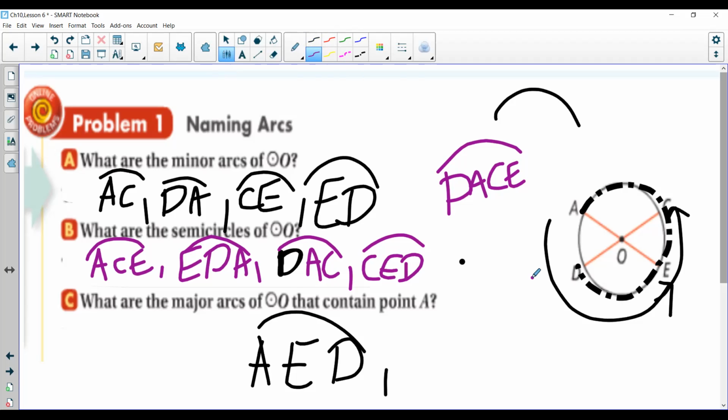So AED. Let's choose C, D, A. Is it also a major arc? D, C, E.